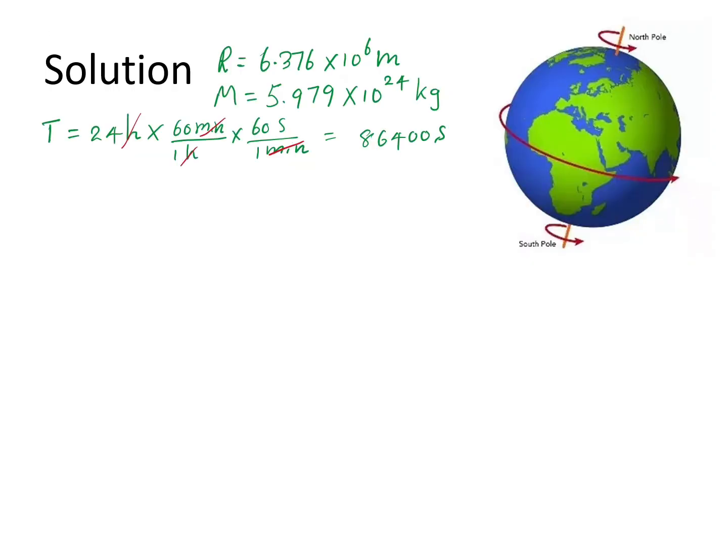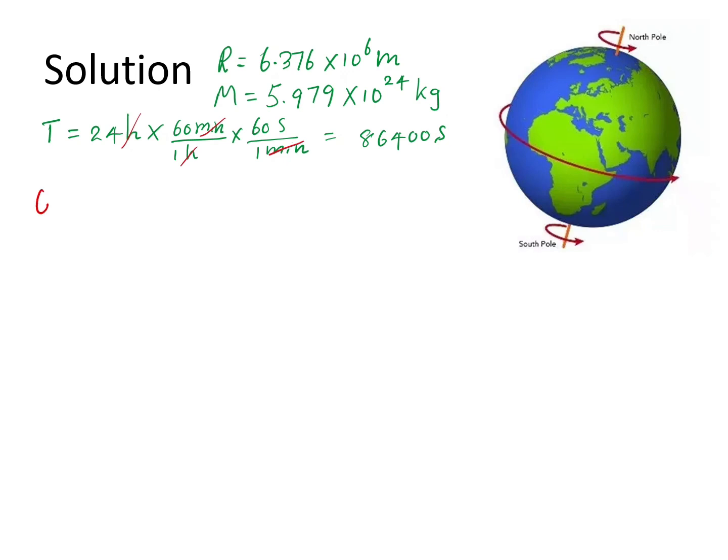We begin with the period of Earth's rotation. One full rotation takes 24 hours, which is 86,400 seconds. Angular velocity is found by taking one full rotation, which is 2 pi radians, and dividing by the time for one rotation.